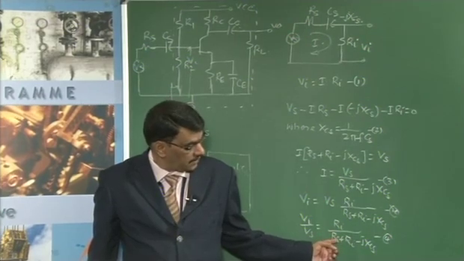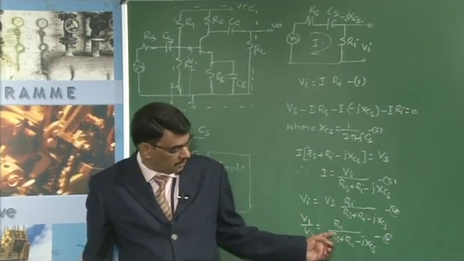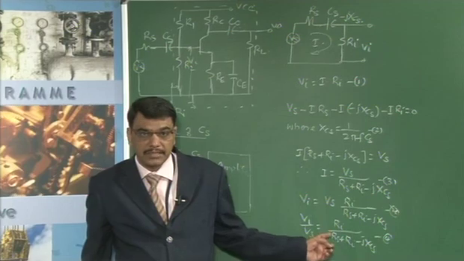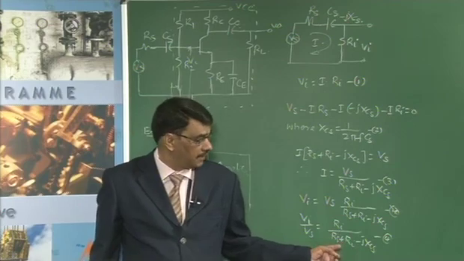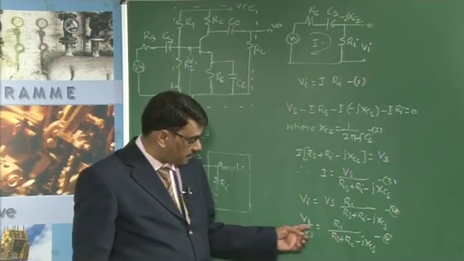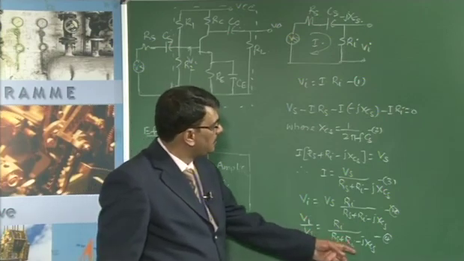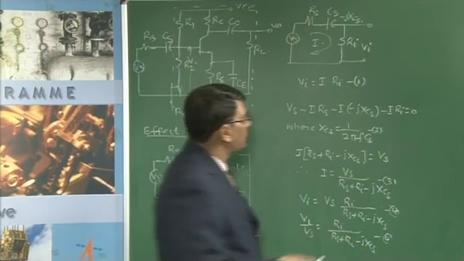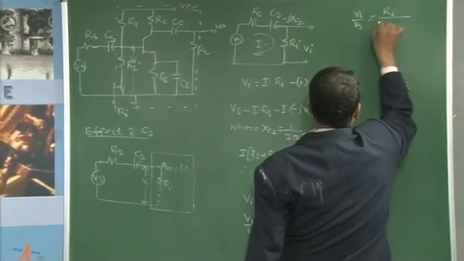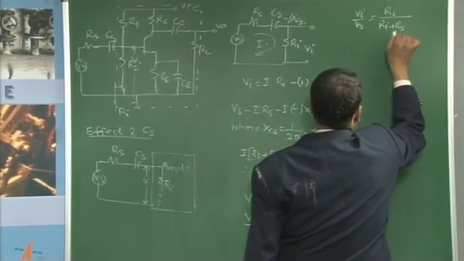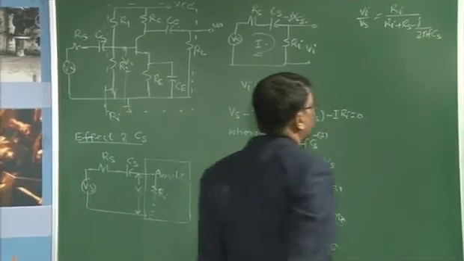Because of this, Vi by Vs varies, the gain of the amplifier varies, and the phase of the amplifier also varies as a function of frequency. Now we need to determine the magnitude and the phase. For this, substitute equation 2 into 1, and then Vi by Vs is equal to Ri divided by Ri plus Rs minus j divided by 2 pi f CS.